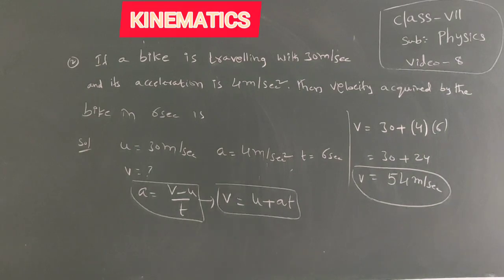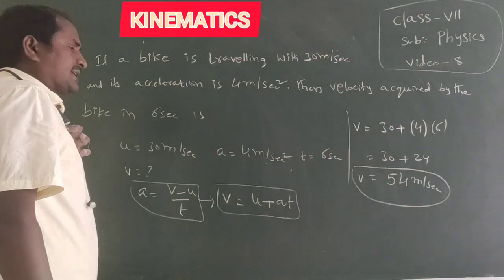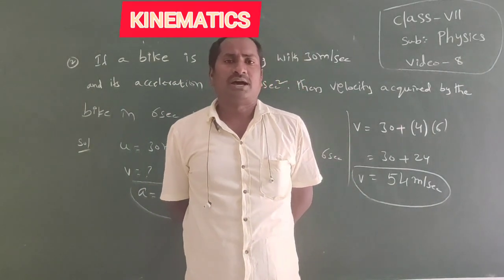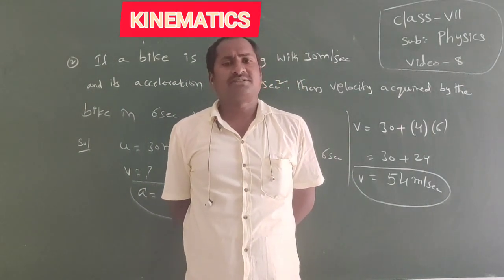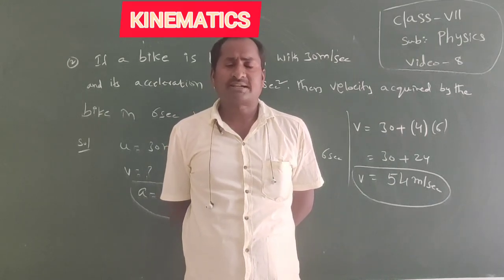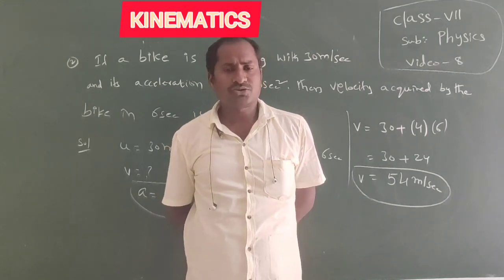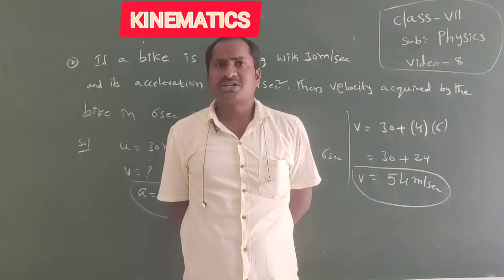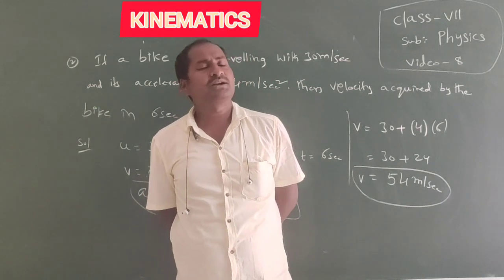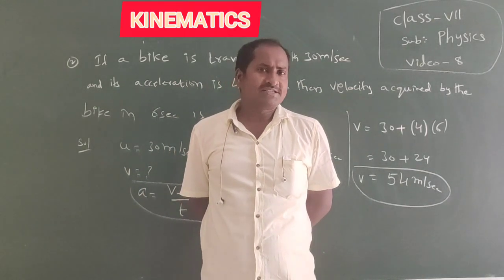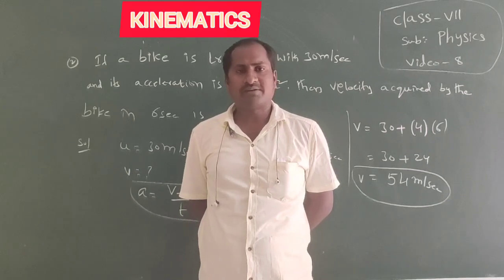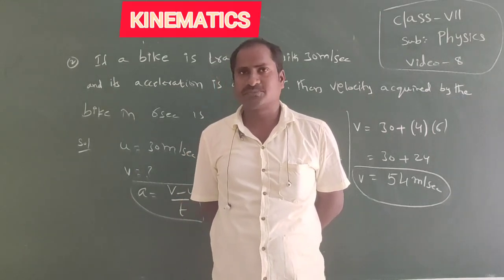Listen once again. Acceleration means the rate of change of velocity with respect to time. Acceleration is a vector quantity, indicated with the letter a. a equal to change in velocity by time, that is final velocity minus initial velocity by time. It is measured in meter per second square in the SI system, centimeter per second square in the CGS system.